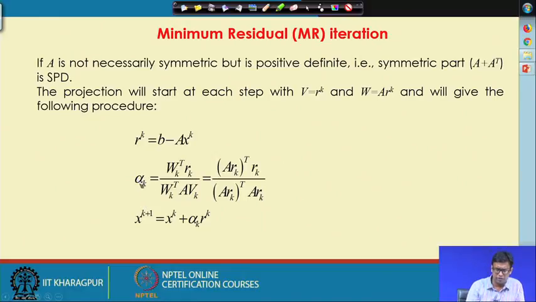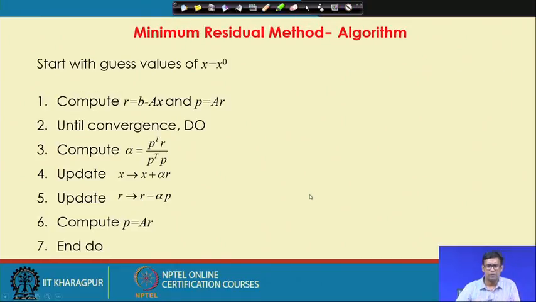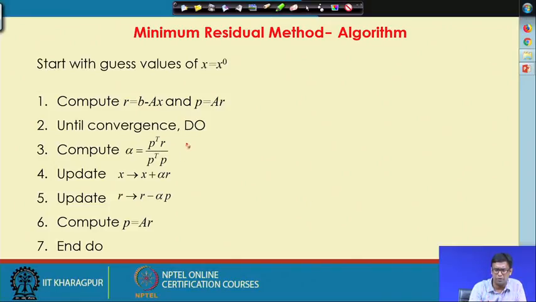So we start with a guess x k and update x k with alpha k equal to A R k transpose R k over A R k transpose A R k, and x k plus 1 equal to x k plus alpha R k.